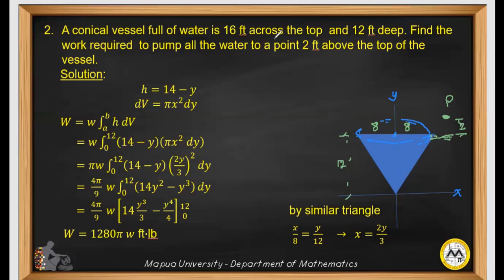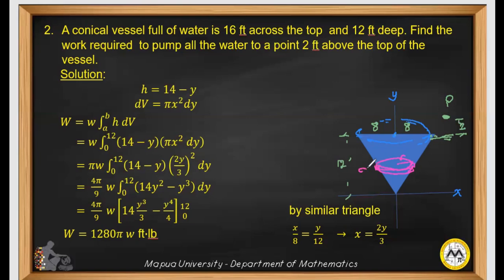So if we consider the element, we can draw the element here with the radius r, and the thickness is, of course, dy. So the element will be in the form of a disc. This is the element.